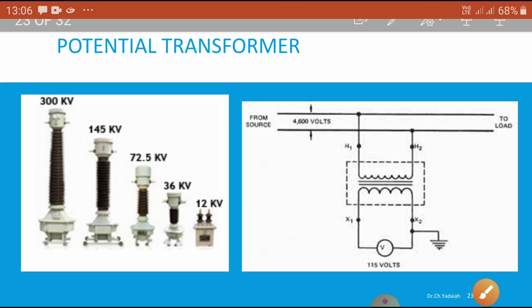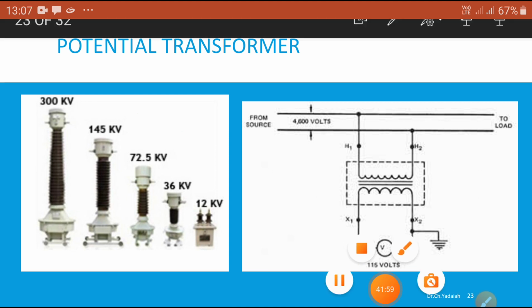Okay. Now you can see here, based on the voltage, the insulation from the ground to the live part increases, you can observe here. Okay. So this is a diagram of CTs, similar to what we have studied just now.